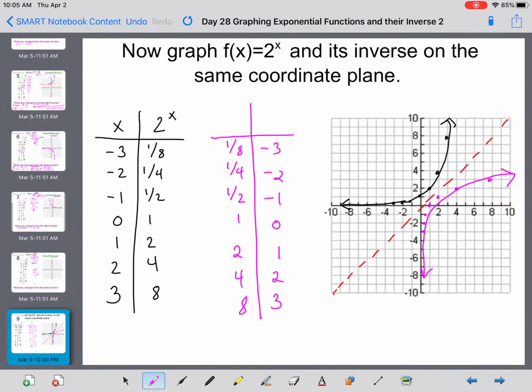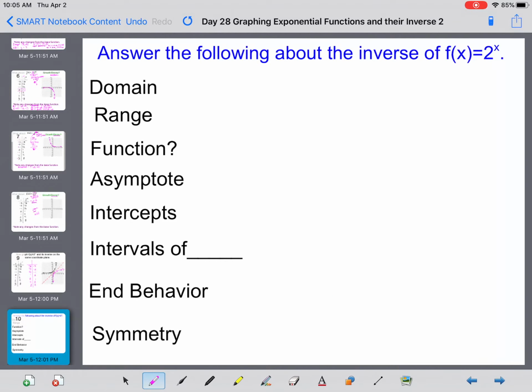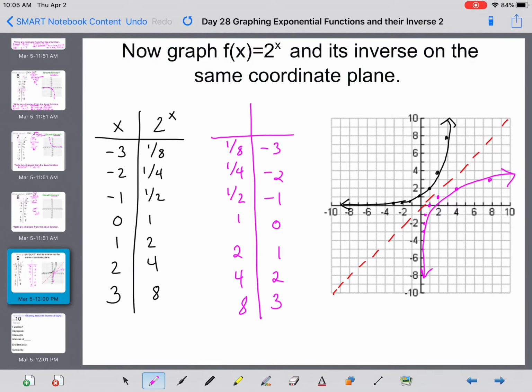So let's look at a little bit of the behavior of this inverse function, and go through all of the essential questions here. Domain and range. If I'm looking at my x values, notice they are getting really, really close to x equals 0, but not actually at x equals 0. So my domain is 0 to infinity, but not inclusive of 0.